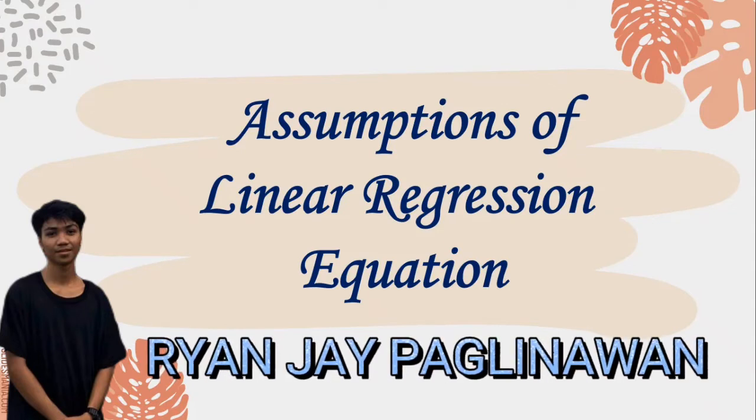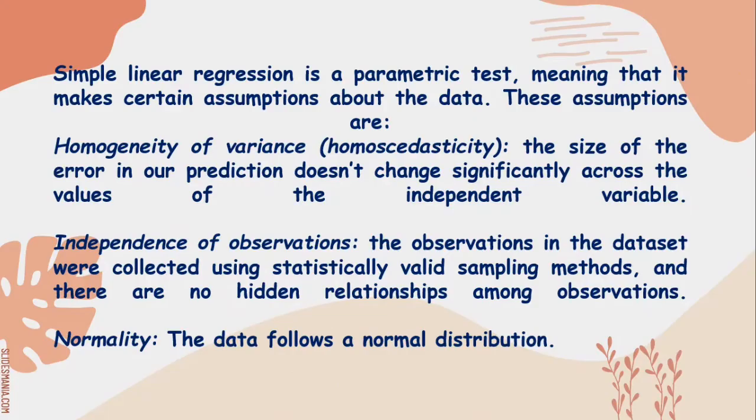For today, I will discuss the assumptions of the linear regression equation. Simple linear regression is a parametric test, meaning that it makes certain assumptions about the data. The assumptions are homogeneity of variance, homoscedasticity: the size of the error in our prediction doesn't change significantly across the values of the independent variable.